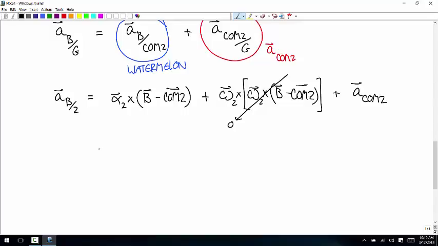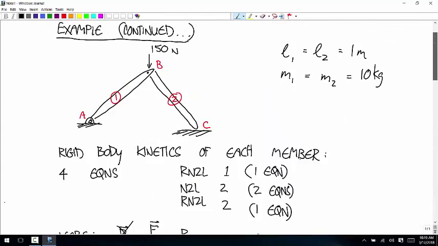And so this is equal to 0, 0, alpha 2 crossed with, now we're going from the center of mass of 2 to that point B. So that's just from here to here. That distance is 0.5, so this is going to be 0.5 times negative 0.5, 0.5 times positive 0.866.